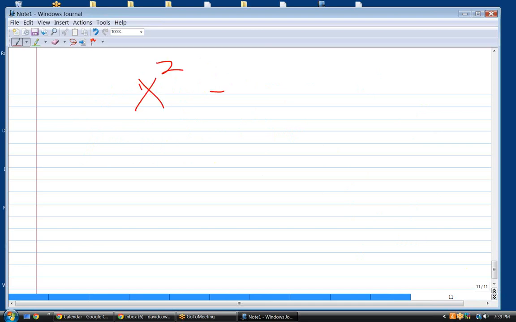Solve this for me. In other words, if I had that x squared minus 25 equals 0, I know you can solve it because you can factor this into x minus 5 times x plus 5. But let's say we had the same thing.